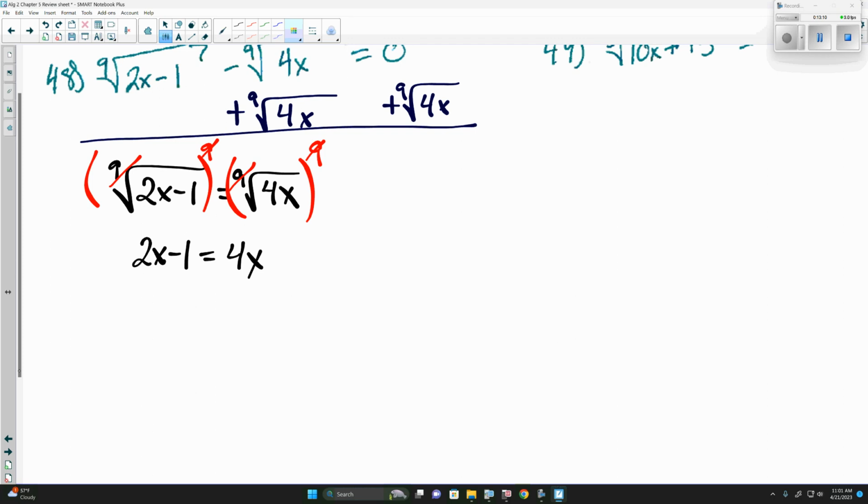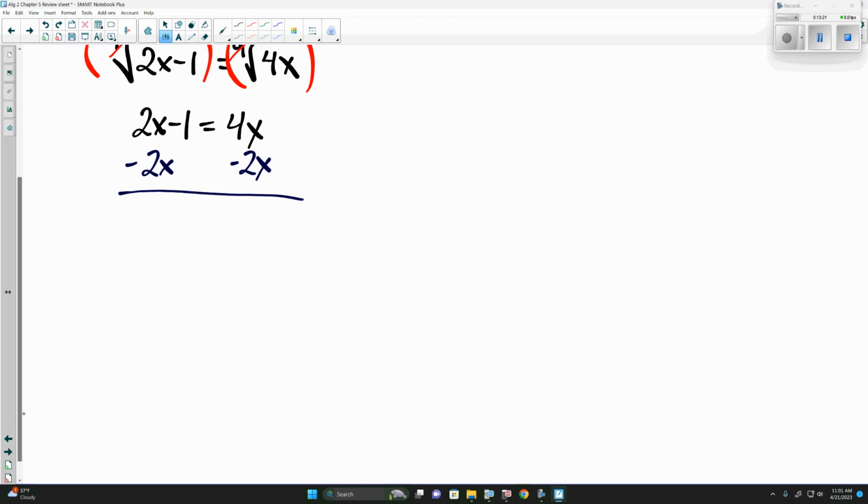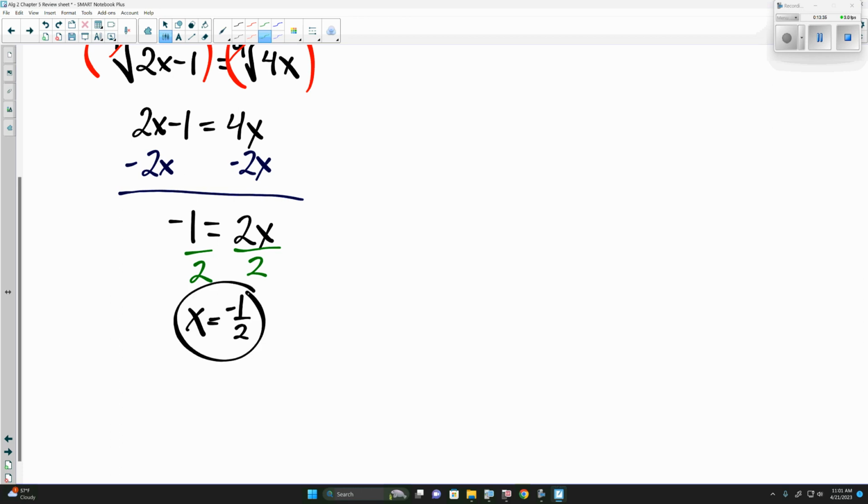Now at this point here, we can get x by itself. So we can subtract 2x from both sides, telling us that negative 1 is equal to 2x. And last but not least, we can divide both sides by 2, telling us x is negative 1/2.